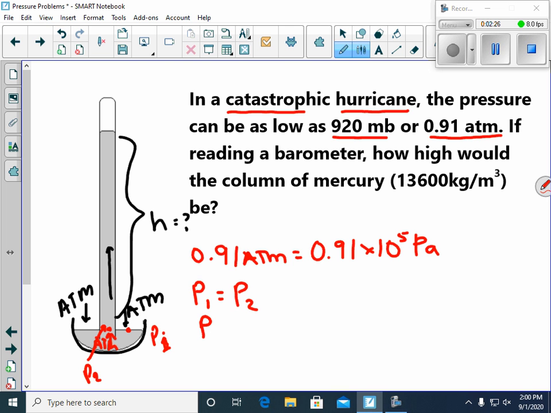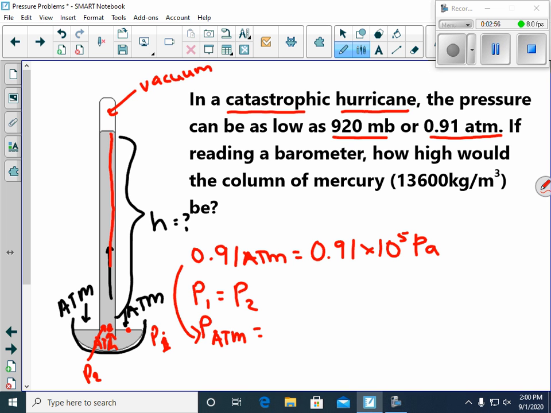P1 is the pressure of the atmosphere, because that's all that's going to be here. So I'm actually going to put P atmosphere in this situation because we want to make sure that we're using the correct thing. Then we want to set that equal to P2, which above this point is only mercury, right? Because this is a vacuum.